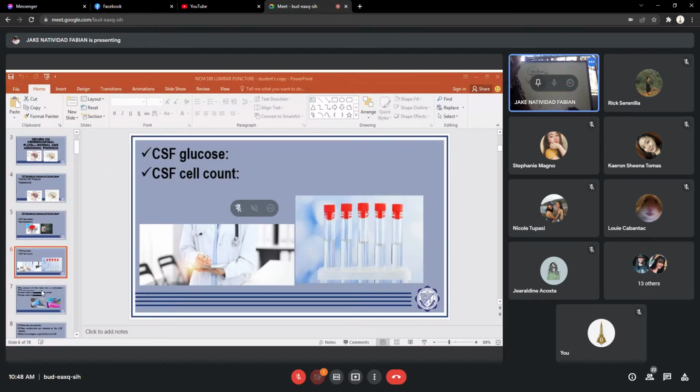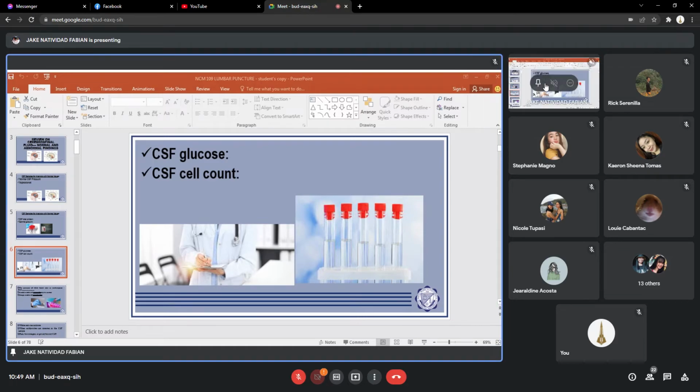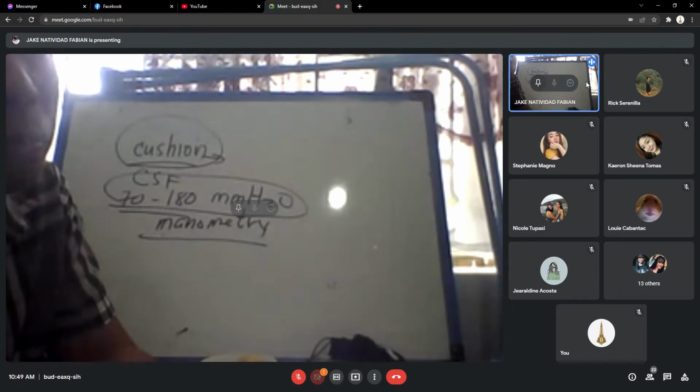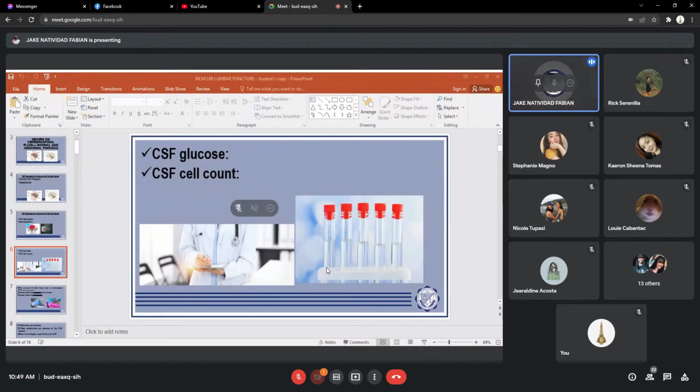Otherwise, pag increase yan, then that suggests now trauma. It may suggest brain trauma. It may suggest a brain abscess or tumor. It may suggest a trauma-related edema.